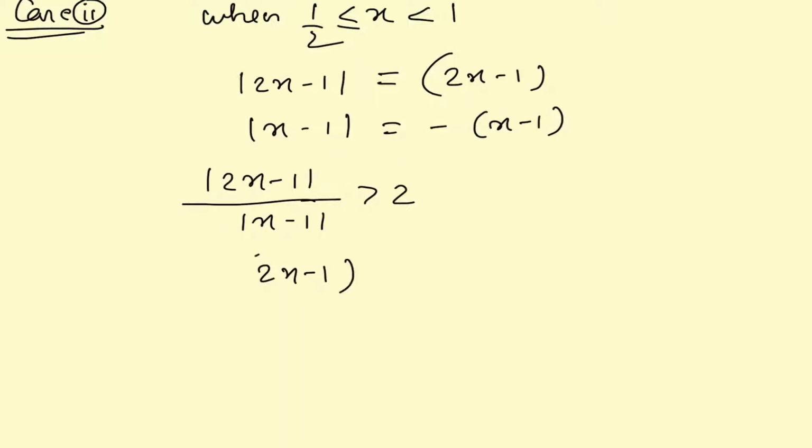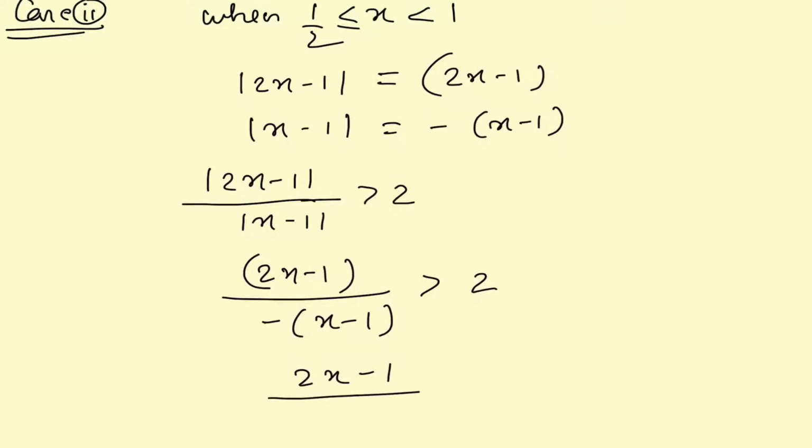2x minus 1 will open with a negative sign, and x minus 1 will open with a negative sign, that is greater than 2. So now we are going to multiply by 2. 2x minus 1 multiplied with a negative sign, minus 1, that is x minus 1 will become positive, and the inequality will become less than, and this will become minus 2. 2x minus 1 whole upon x minus 1 is less than minus 2.